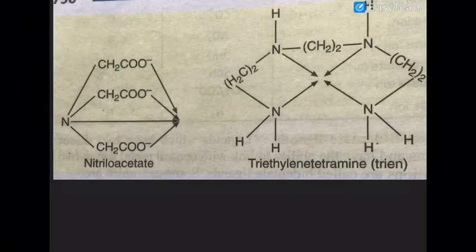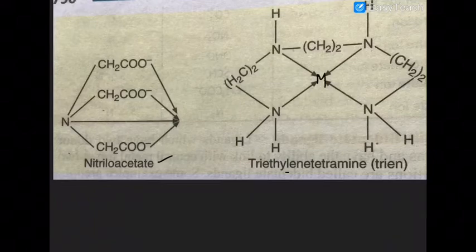Now look at nitrilotriacetate. Nitrilotriacetate is also able to form like that. And then you have trien, or triethylenetetramine.